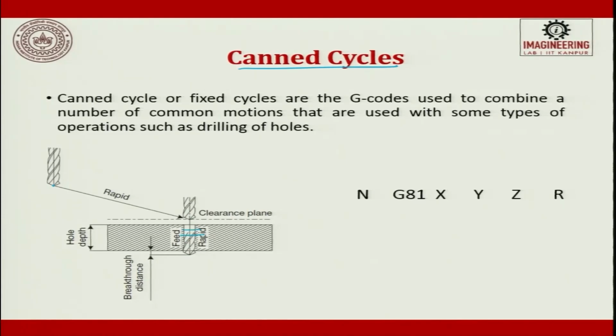The number of times it can peck and do the operation can be defined. In code form: N0 and then G81 X, Y, Z, reference plane. You can define the number of times it has to go, and also the projection outside the workpiece. This is how a CAN cycle works.